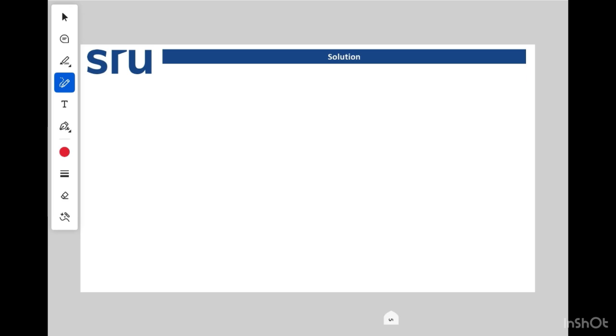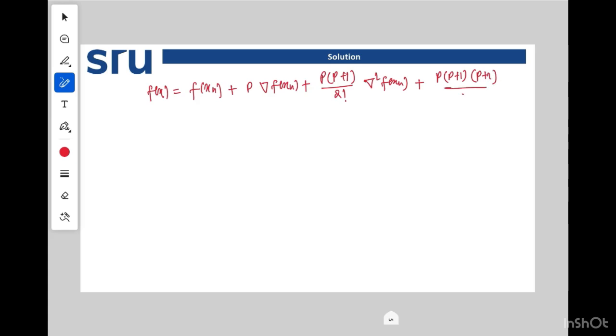What is the formula here? f of x equals f of xn plus p del f of xn plus p into p plus 1 divided by factorial 2 del 2 f of xn plus p into p plus 1 into p plus 2 divided by factorial 3 del cube f of xn.